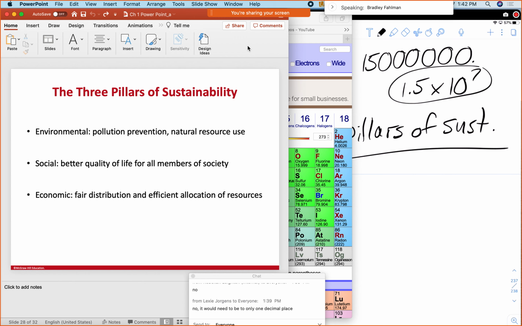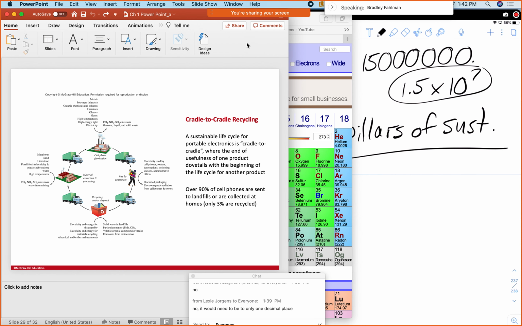We looked at all these different pillars. So look back in your notes, and there may be an applied question related to this. Knowing what the 3 pillars are, and what would fit under them, would be one question that I'll put on there. Cradle to cradle versus cradle to grave.